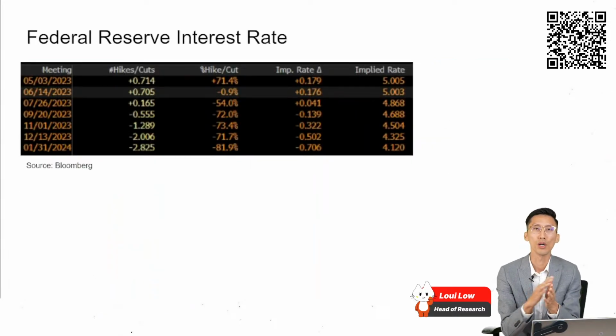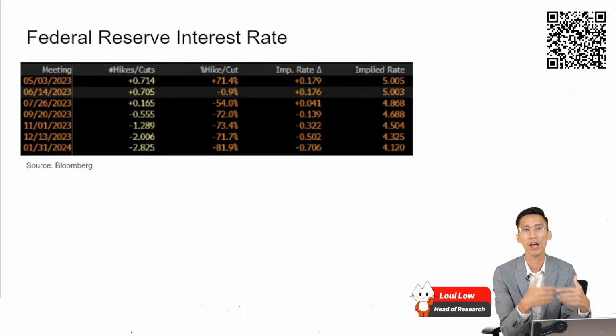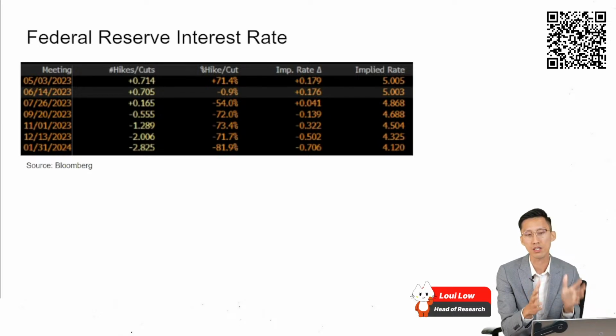So coming back to what I've mentioned, the CPI numbers are one of the events that has passed, and the Federal Reserve interest rate is very important as well. This is the consensus Federal Reserve interest rate idea: if you are looking into the next meeting, what sort of expectation do the economists out there have?